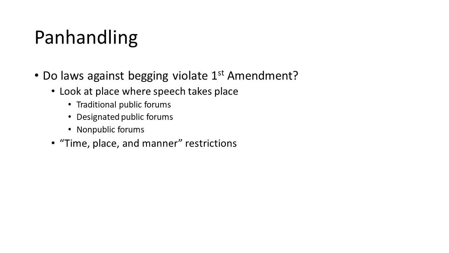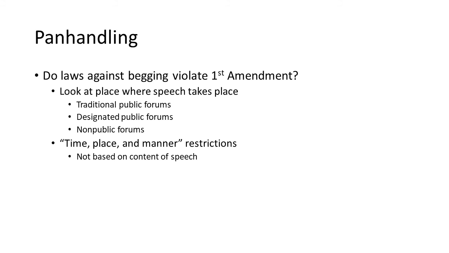This is not a type of place where you can go and hand out your pamphlets or hold an assembly, get together. And it's certainly not a place where panhandling can take place. So they're considered non-public forums. They may be a public place, but they are non-public forums, which means the government can restrict these more freely.